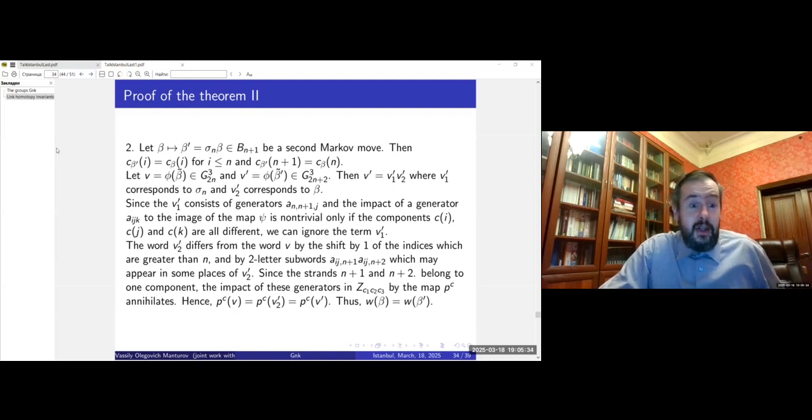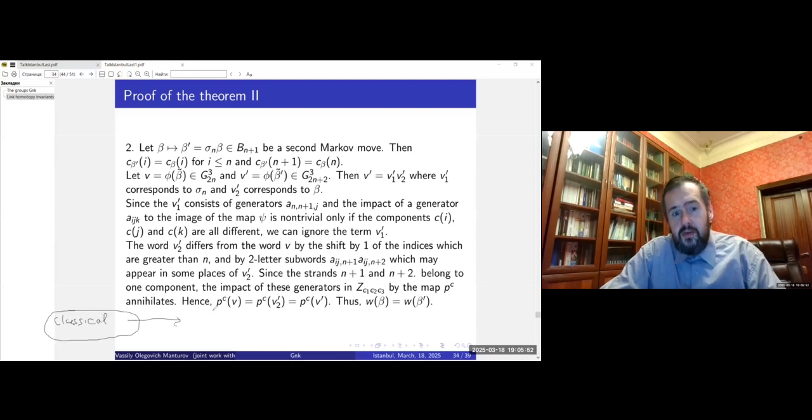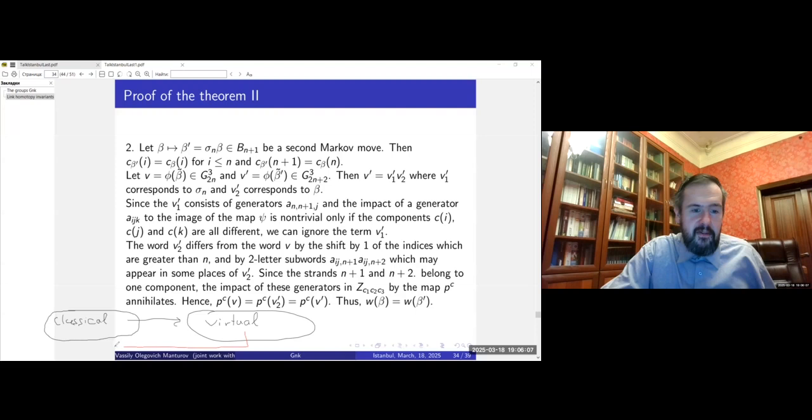And actually, there is one project we are working on, which is as follows. We want to map the classical world, so, for example, classical braids, knots, links, and maybe manifolds, to the virtual world. If we perform this project, then whatever invariants I have, and many of them are given in my book, will go back.